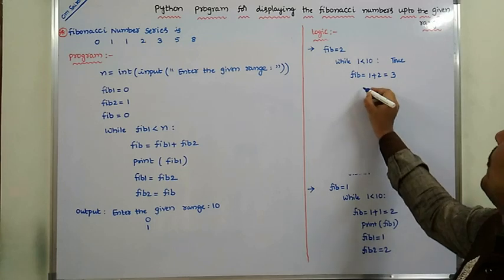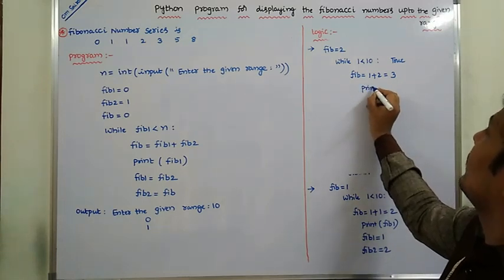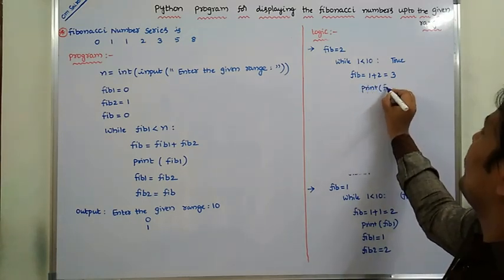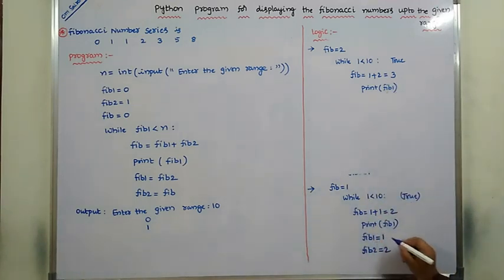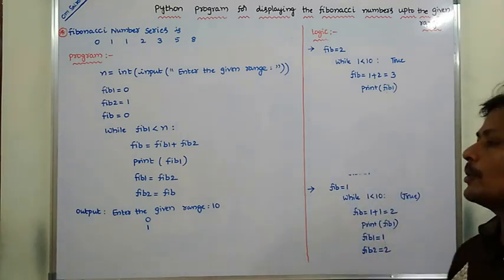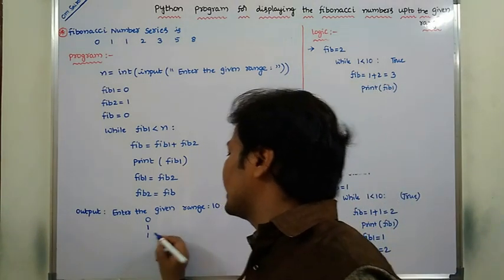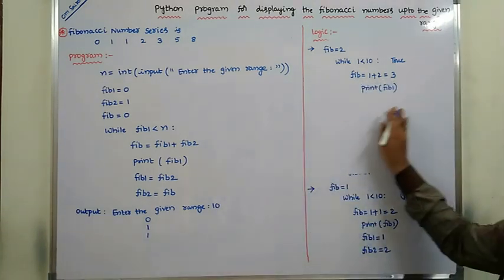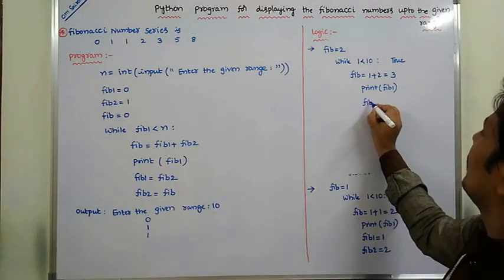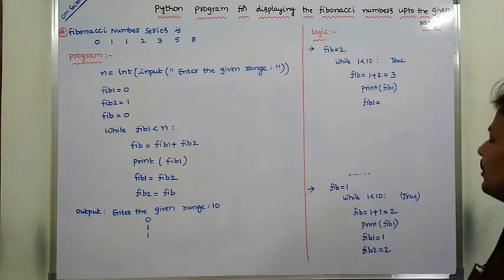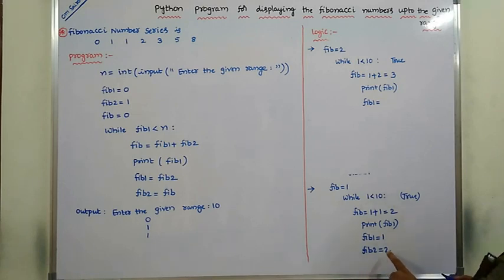Okay. Next, print of Fib1. What is the Fib1 value? In the previous step, that is 1. So 1 is printed. Okay. Next step. Fib1 is equal to Fib2. What is the Fib2 value in the previous step?